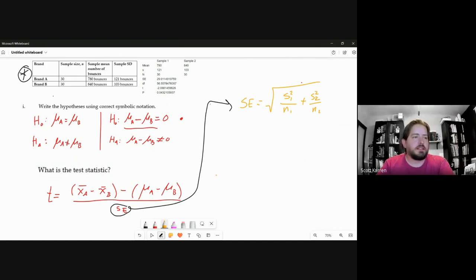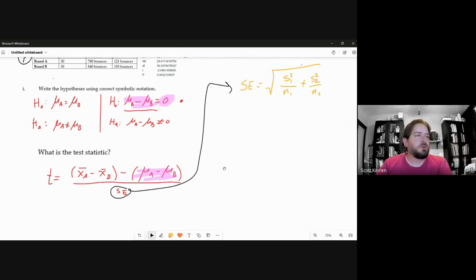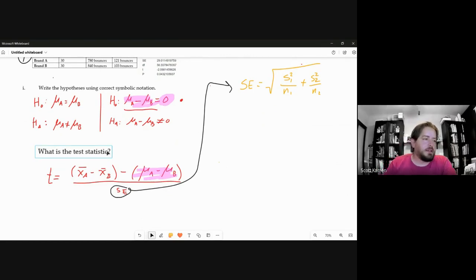So that is then to say this value right here, according to our null hypothesis, is 0, right? We're under the assumption that that's true throughout the test. And so this simplifies nicely to be just your difference of your means over that standard error.